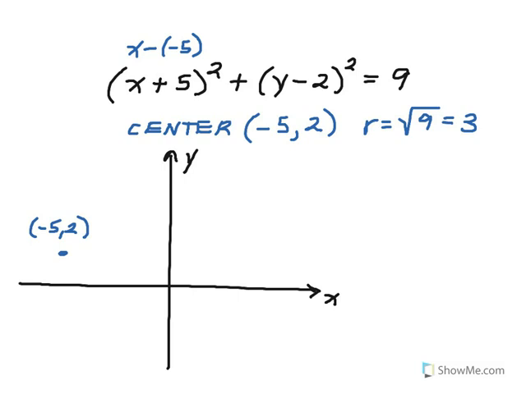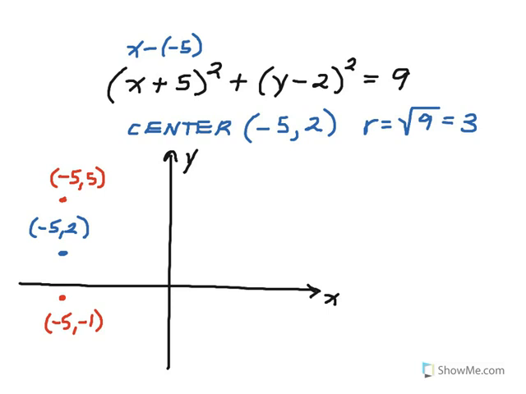So from -5, 2, if I go up by 3, my y-coordinate will increase by 3, and I will be at the ordered pair -5, +5. If I go down by 3, I will be at the ordered pair -5, -1. So my y-coordinate decreased by 3, from +2 to -1.